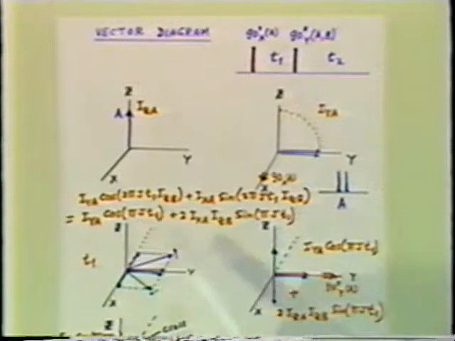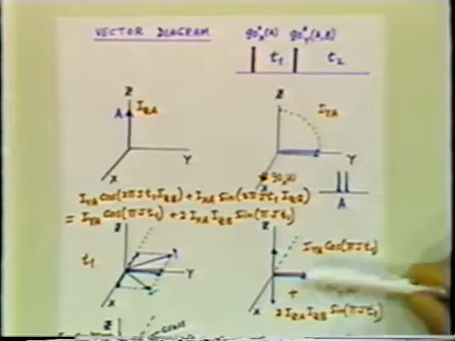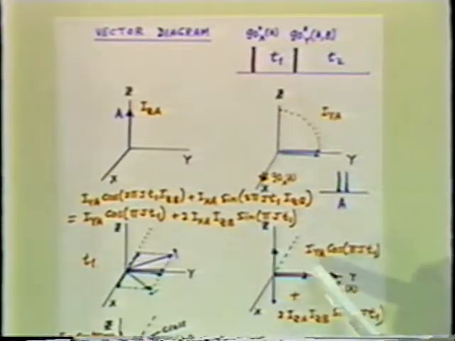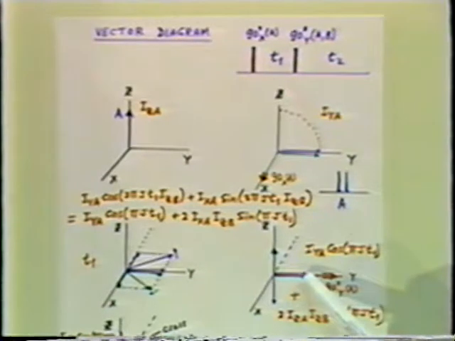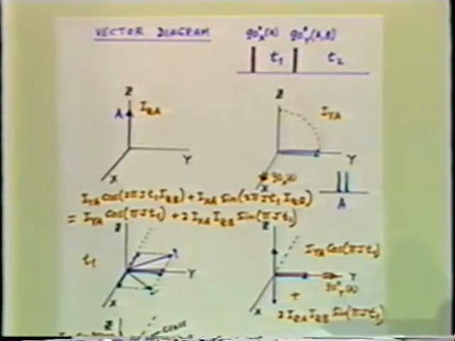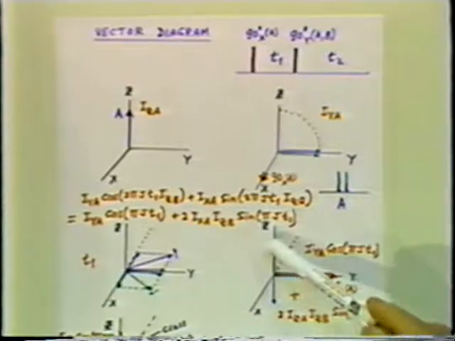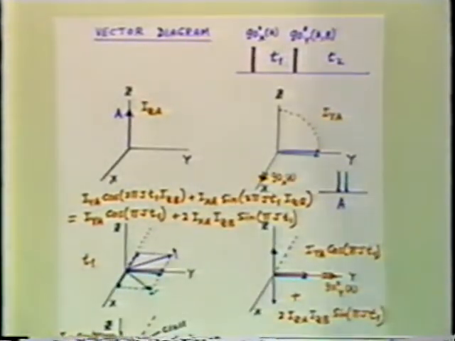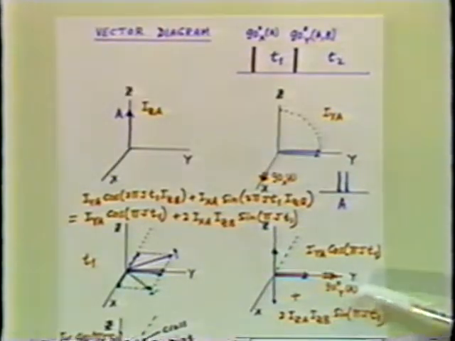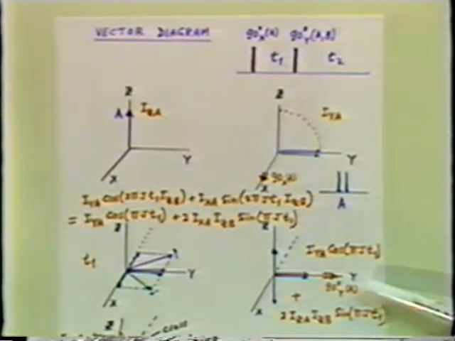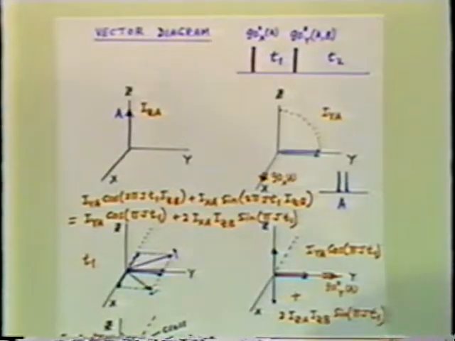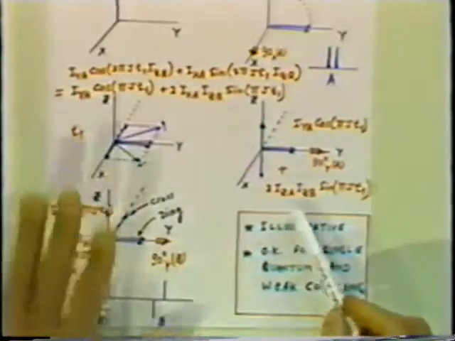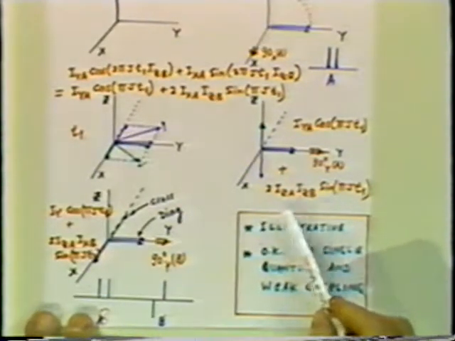Then we apply, for example, a 90-degree pulse along the y-axis, and it converts, giving me IYA along the y-axis, and it gives me IZA IZB along the Z direction. This is interesting, because this is what we did not see in the previous analysis. I have now thought of putting a 90-degree pulse only on spin A, so I'm converting this into purely a Z magnetization at this point of time, IZA IZB.